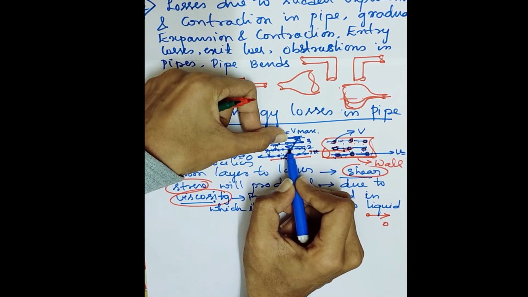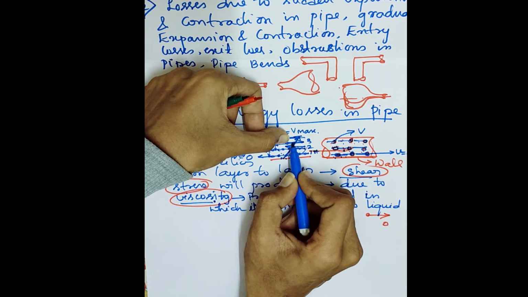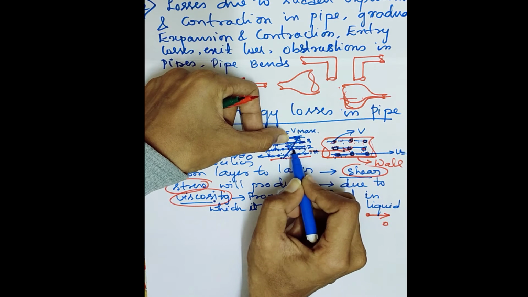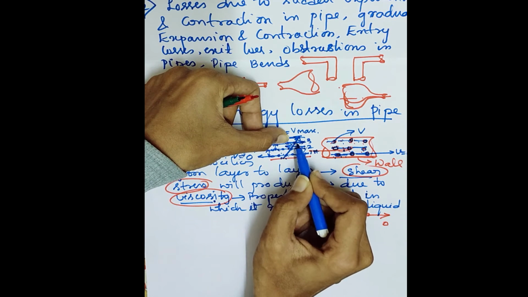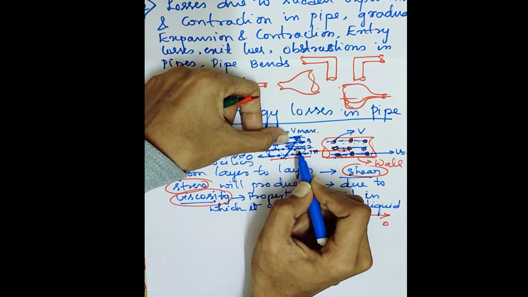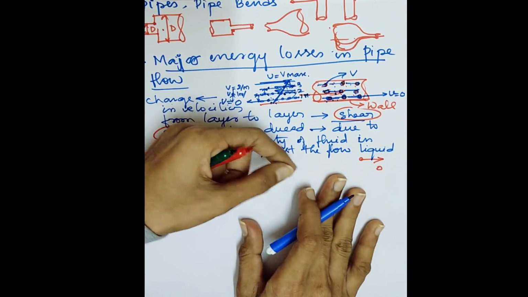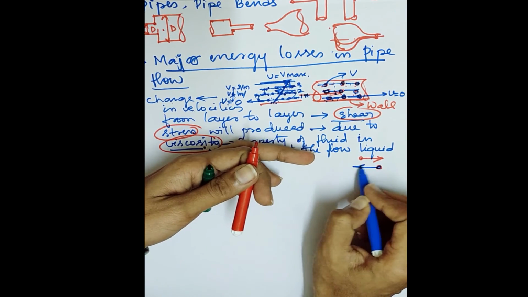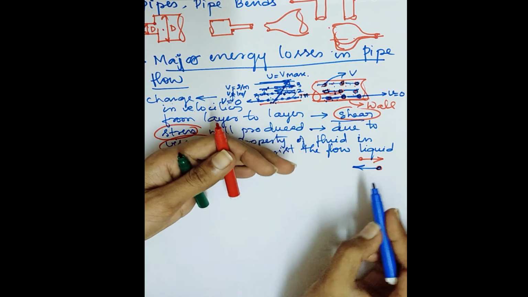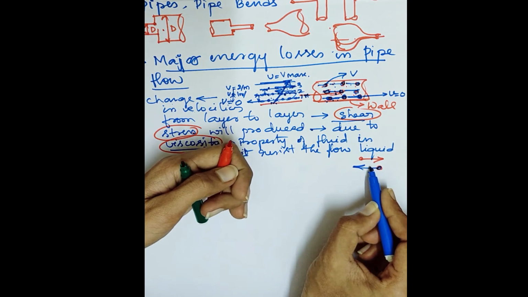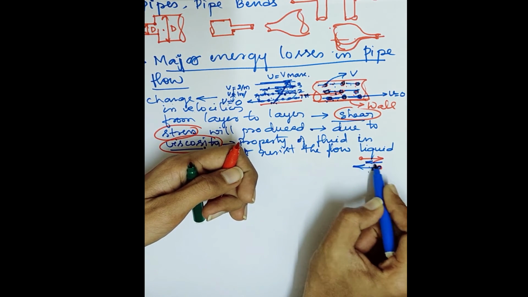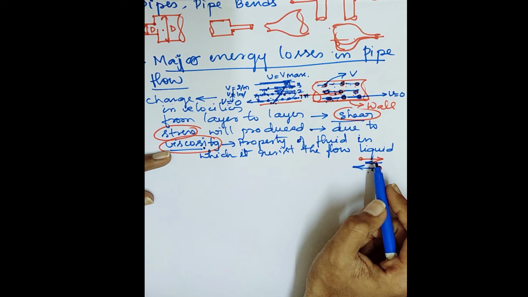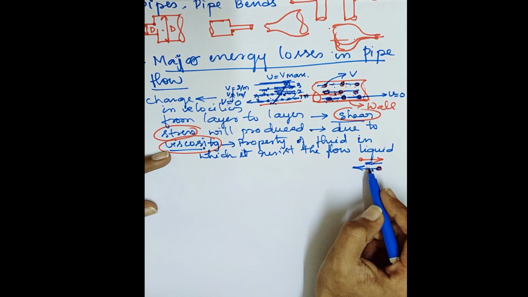The particles present below the top layer will try to resist the movement of this first layer. That is called the viscosity, the viscous action.